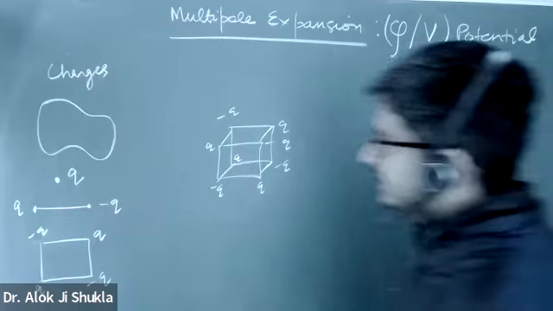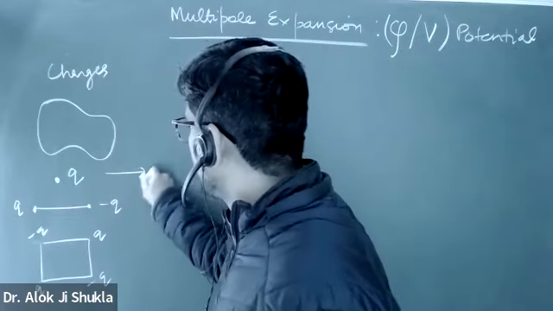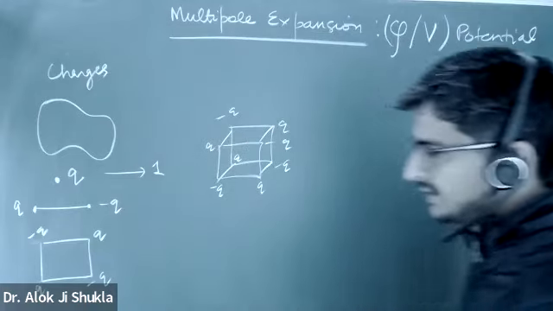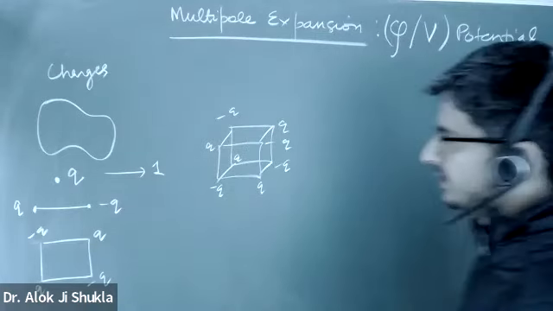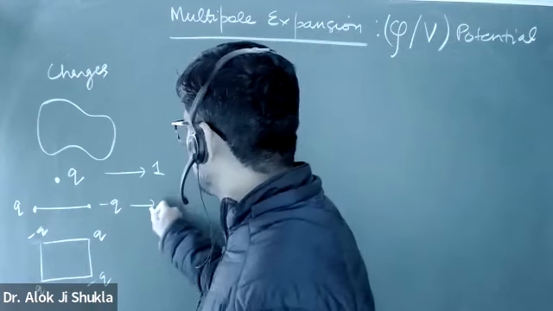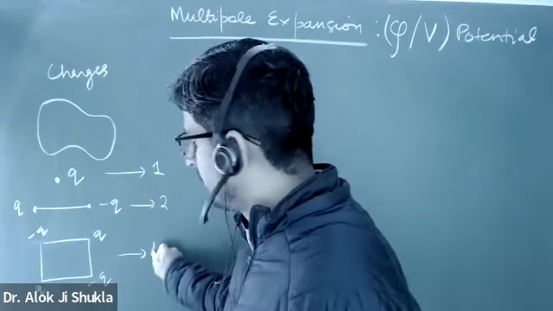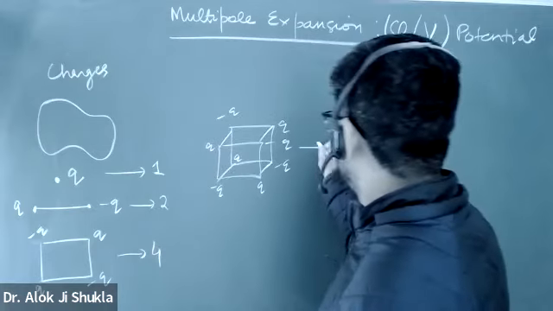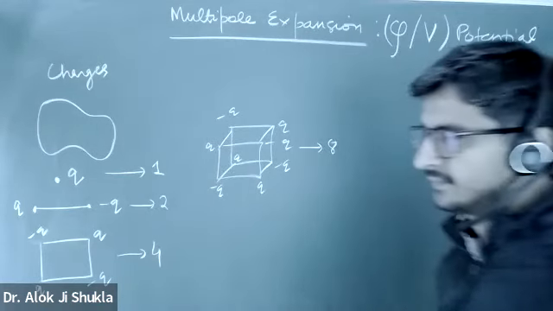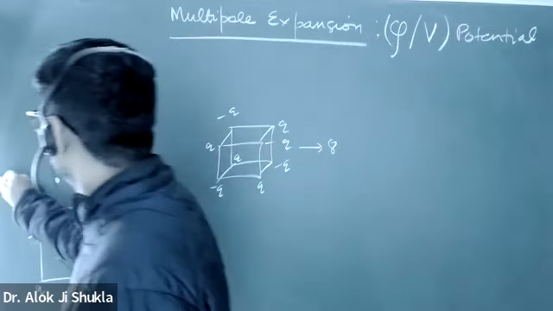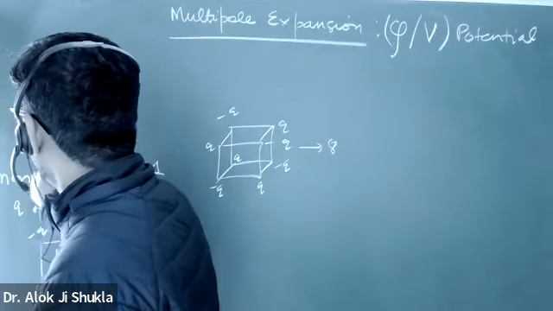In this, number of poles is 1. Number of poles means type of charges, plus Q and minus Q. Here number of poles is 2. Here number of poles is how much? 4. Here number of poles is 8. This is called monopole.